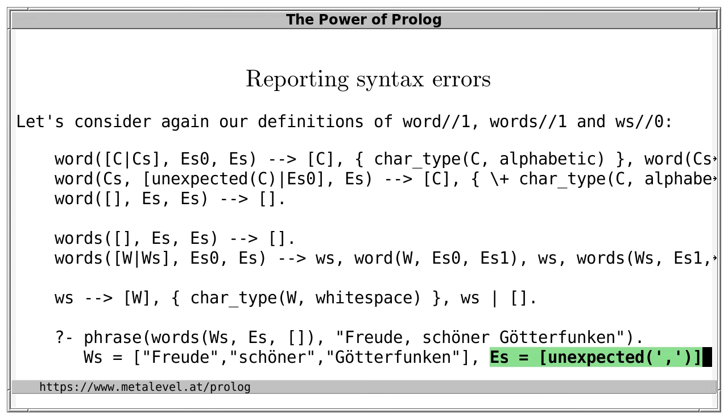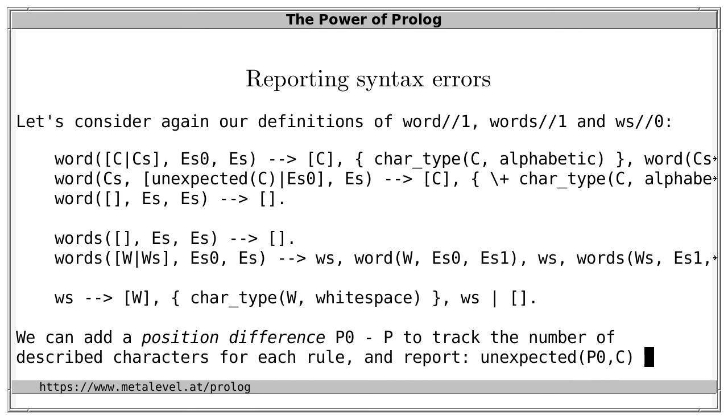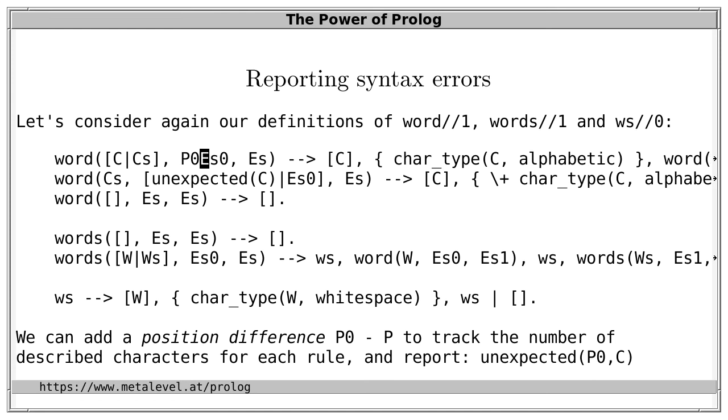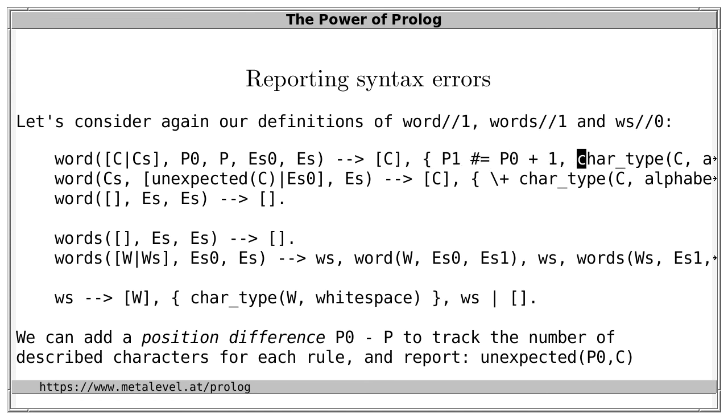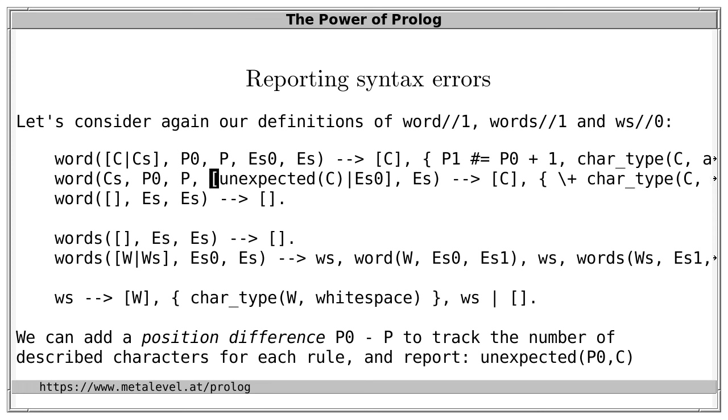Now, where exactly was the comma? Well, we can also add a position difference between P0 and P that lets us track the number of described characters for each rule. And we can use it to indicate the position at which a syntax error occurs. So we add P0 and P and say P1 is P0 plus 1, because we're encountering one character here, and I leave the rest as a challenge, and analogously for this rule.